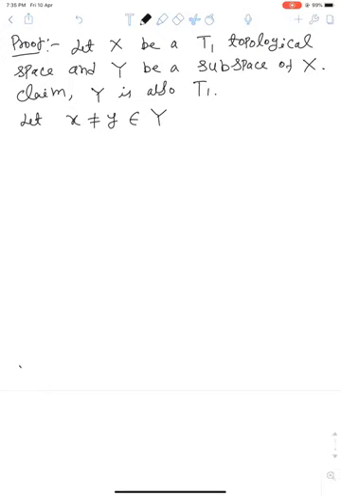But we know that Y is a subspace of X, right? That means that the two elements x and y are also elements in X. But it is given that X is T1.